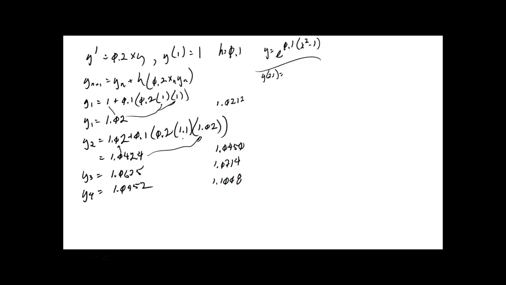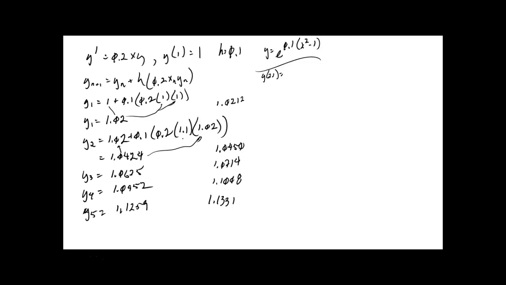Okay, so again, slightly increasing, and your y sub 5, which is your target value now, 1.1259 is your Euler method, and 1.1331 is the actual value.